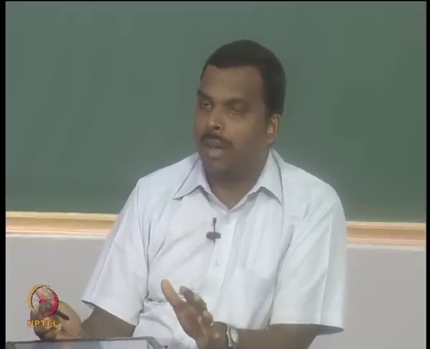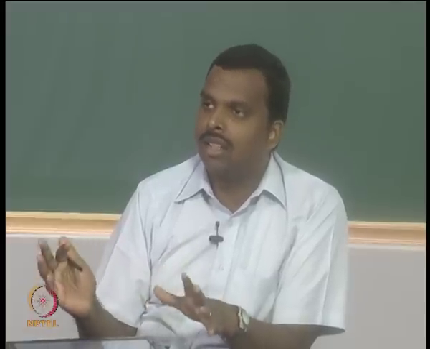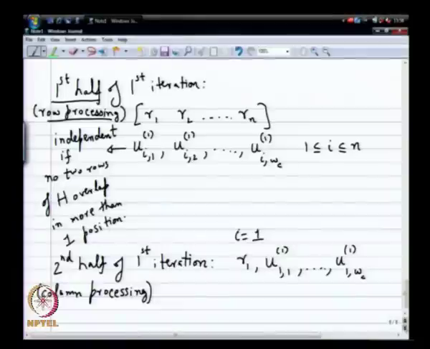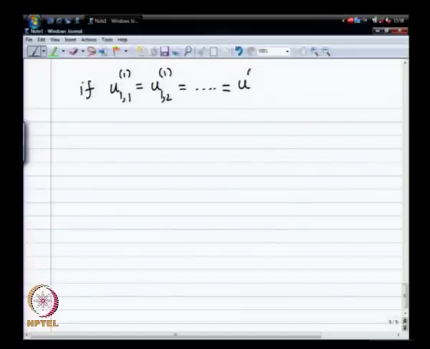Okay, so you can now come up with several ad hoc methods. The method that is described as Gallager A is the following. What I am going to describe next is the Gallager A processing for columns. Second half of the first iteration. So what you will do is, if U111 equals U112 and they are all equal, all these estimates are, let us say, equal to some b, then what?